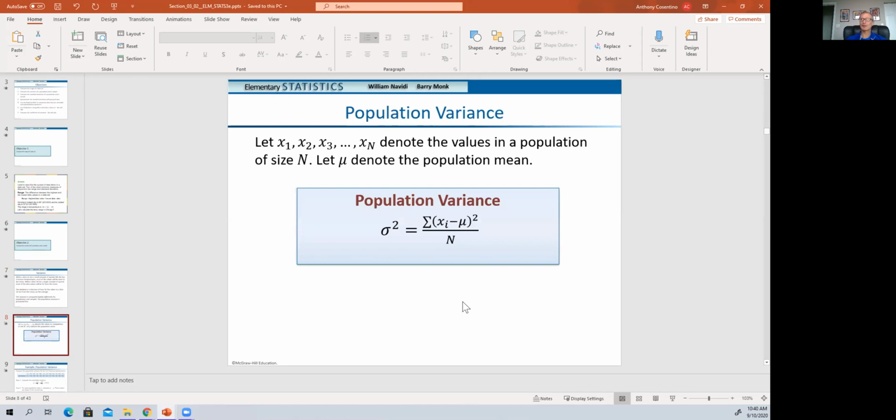And what we're doing here is we're squaring the result. One of the reasons we want to do that is we want to make all the points positive, because then when we add them all up, you'll get a number that continues to go up each time you add a point to it. And then we divide it by the total population size, which is capital N.